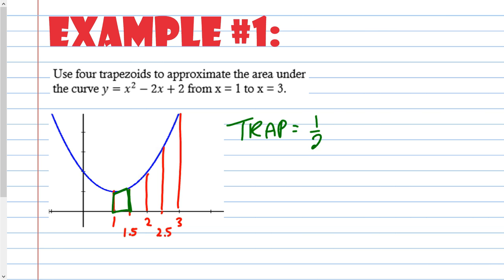So it's 1/2 times the height. The height, as mentioned before, is the x value. All of these trapezoids have the same height because they are even widths. So 1/2 times the height, which is another half, and then times base 1 plus base 2.